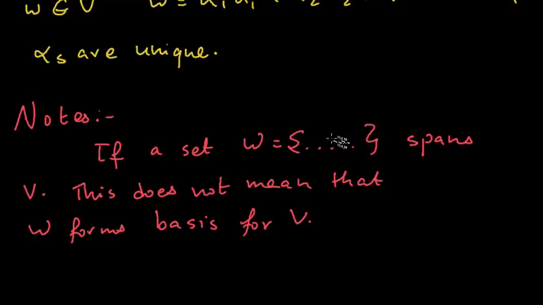They could be linearly dependent, where one vector can be written as a linear combination of some other vectors.